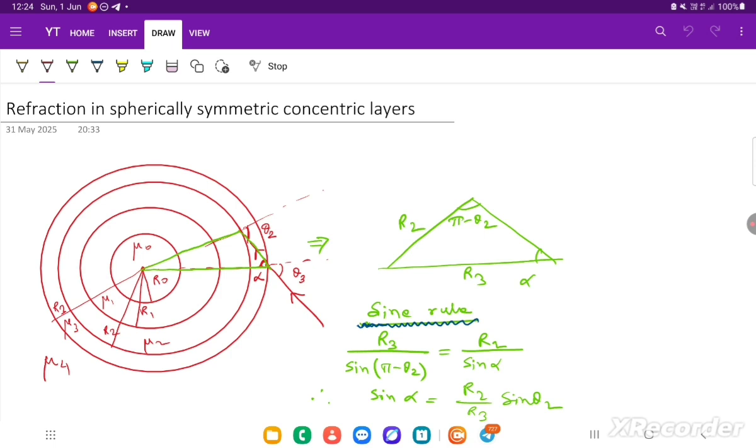I have shown here a few spherically symmetric mediums centered at a particular point, with refractive indices mu0, mu1, mu2, mu3 and mu4 for the corresponding mediums. I have also marked the radii of the mediums as r0, r1, r2, r3 and so on.